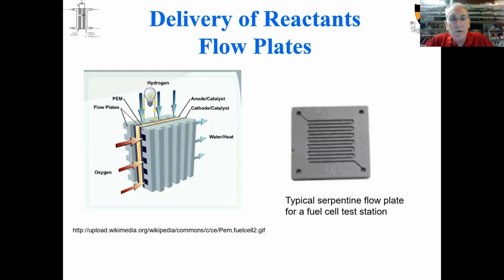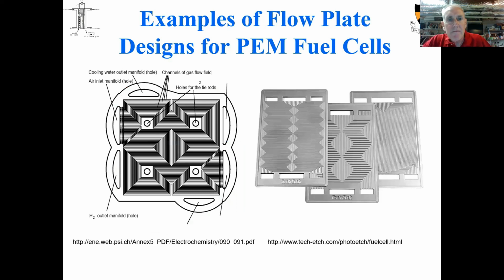And in between those two serpentine plates, you have an electrode material and a polymer electrolyte, and then another electrode material. There are many ways to make these serpentine type flows, and I show a few of them here.